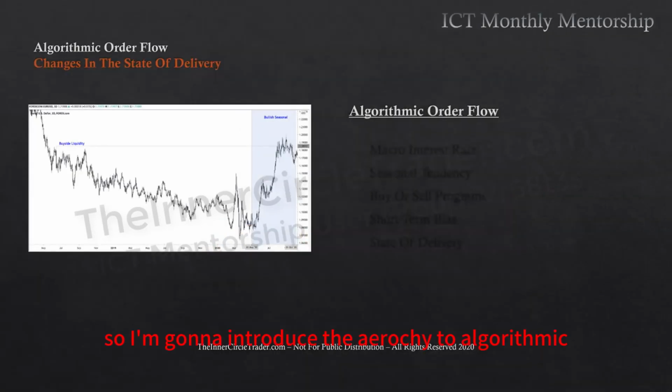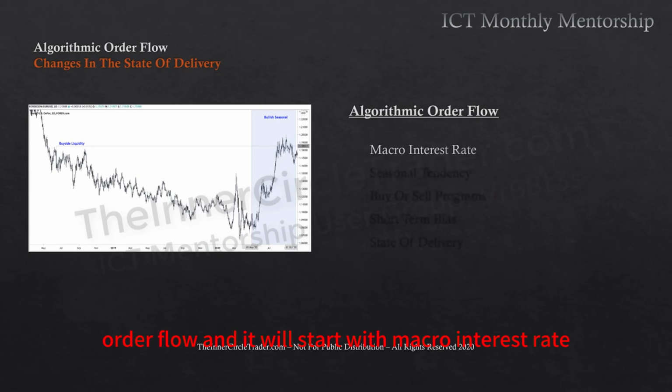All right, so I'm going to introduce the hierarchy to algorithmic order flow, and it will start with macro interest rate. Now, this is going to be looking at global interest rates, strongest against the weakest. This is saying basically pairing up the strongest versus the weakest or vice versa for your pairs, and or looking at carry trade ideas or opposing theory that would be against the normal expectation.